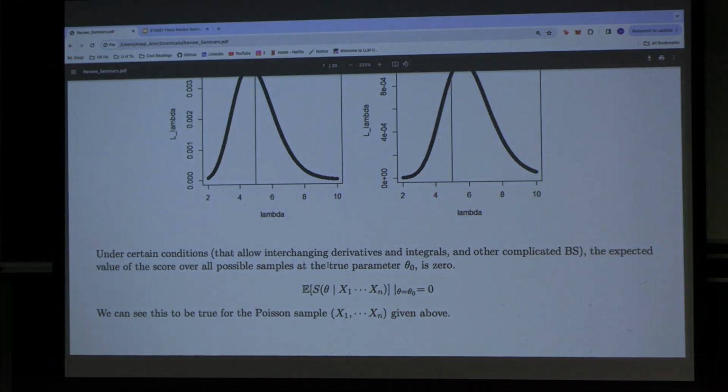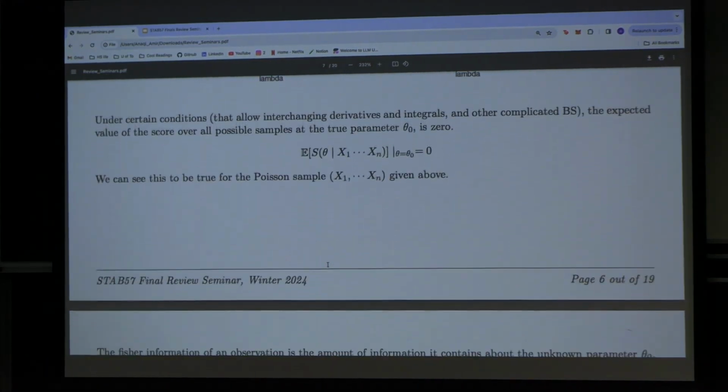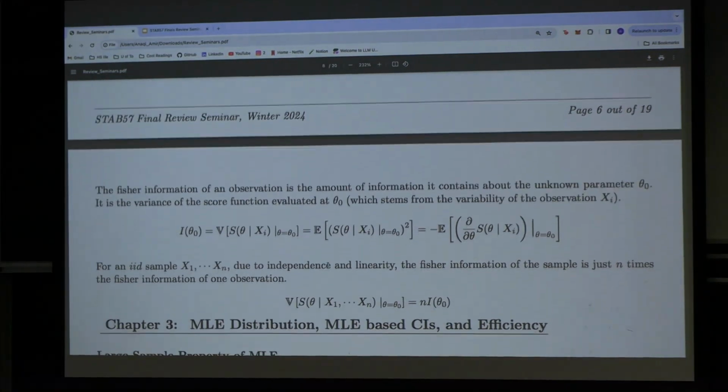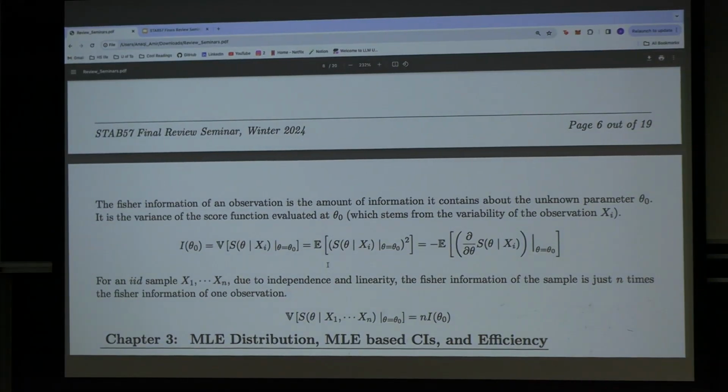Okay. So if there aren't any questions, we'll move on to this part, which is the Fisher information. The Fisher information is defined in 2 different ways. It's defined as the inverse of the expected value of the derivative of the score, which is this rightmost thing.